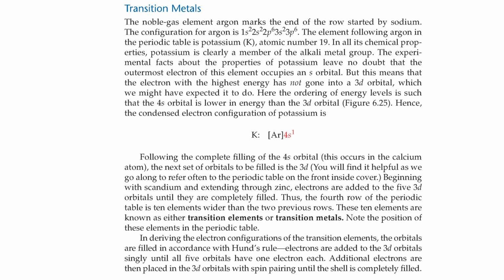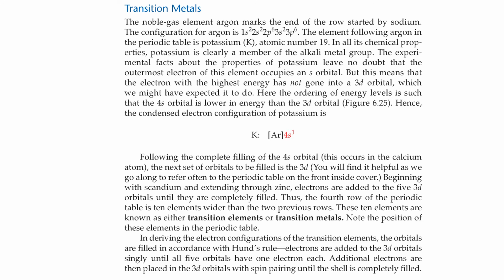The experimental facts about the properties of potassium leave no doubt that the outermost electron of this element occupies an s orbital. But this means that the electron with the highest energy has not gone into the 3d orbital, which we might have expected it to do, thereby indicating that the 4s orbital is lower in energy than the 3d orbital. Hence, the condensed electron configuration of potassium is [Ar]4s1.